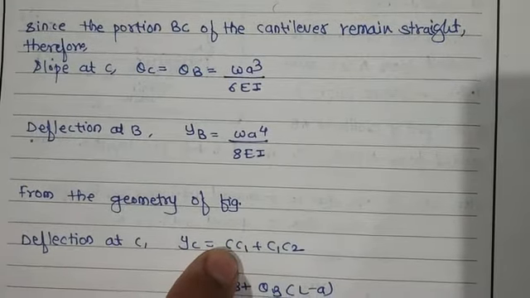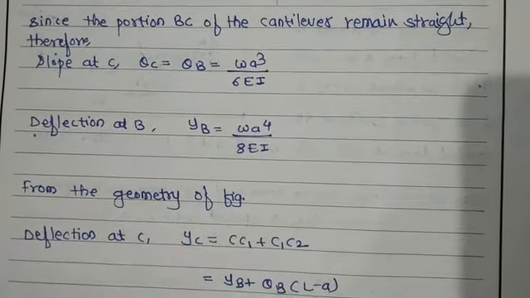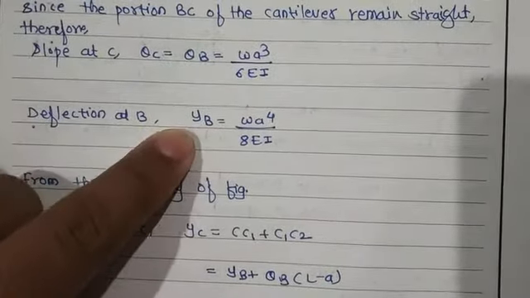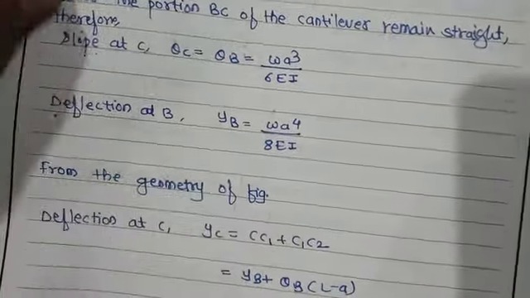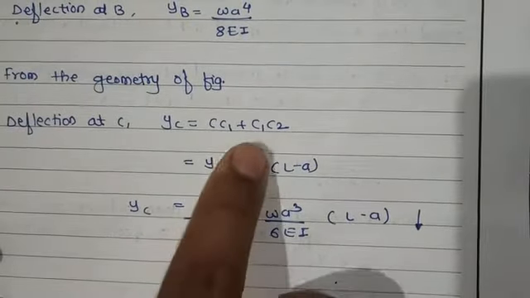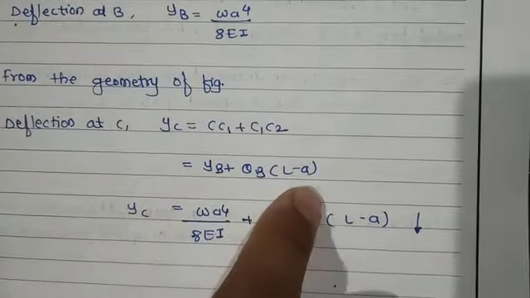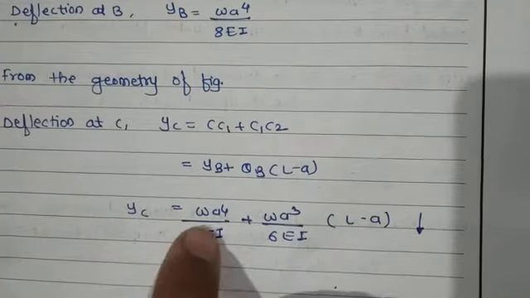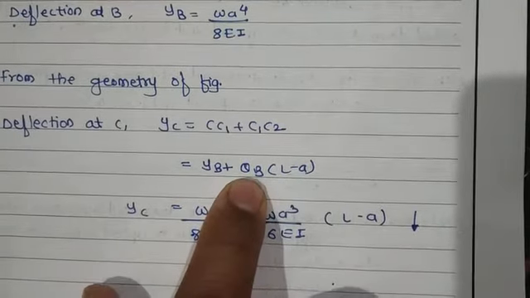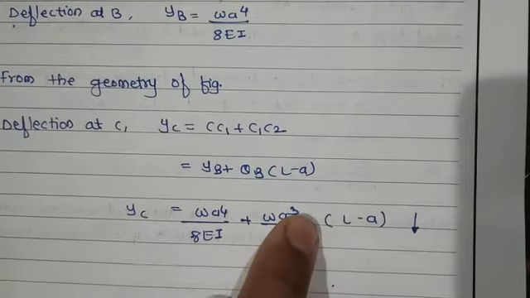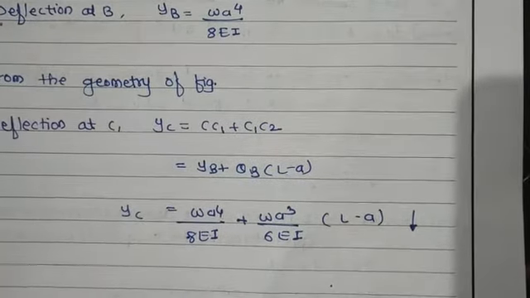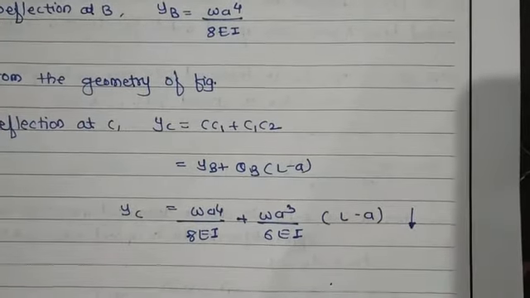CC1 is the deflection at point B, YB, and C1C2 is theta B into L minus A. So YC is equal to W A raised to 4 divided by 8 EI plus theta B, W A cube divided by 6 EI, into L minus A. This is in the downward direction.